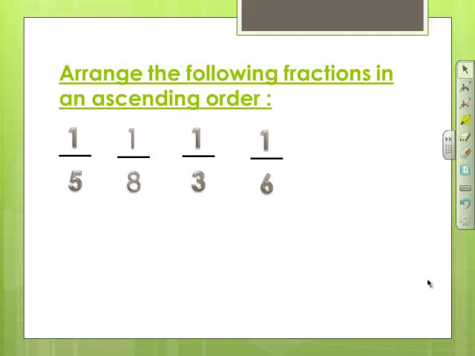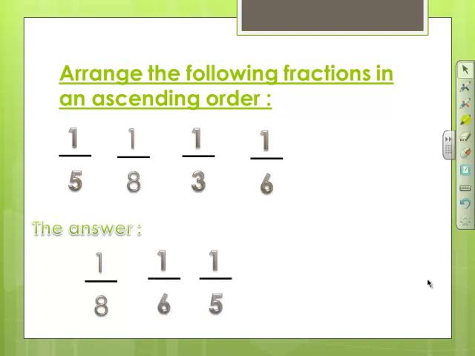Here we have the same numerator, rule number 2. So we will look at the denominator. The smallest will be greatest and the greatest will be smallest. Ascending means from the smallest to the greatest. So the answer will be 1 over 8, 1 over 6, 1 over 5, and 1 over 3.